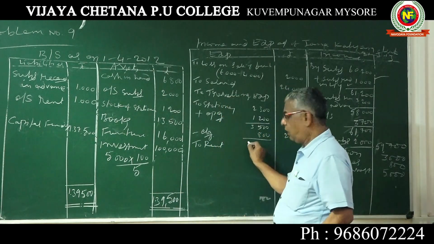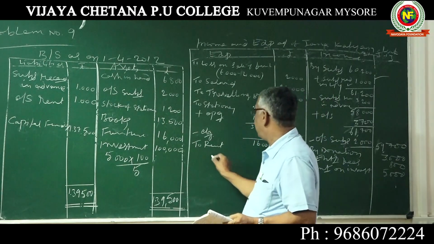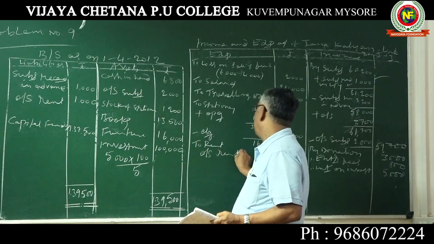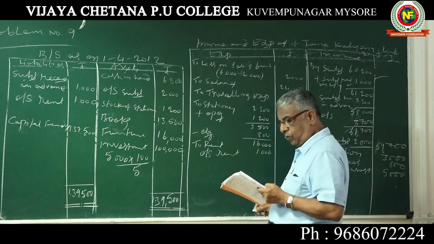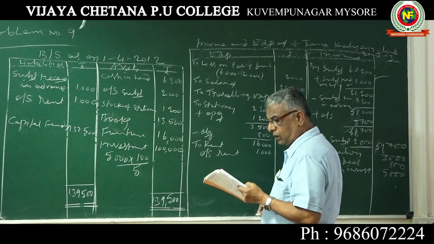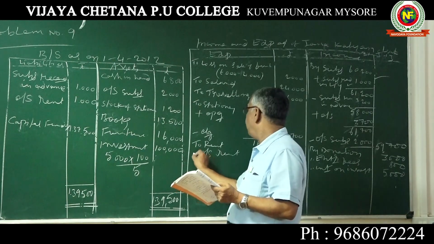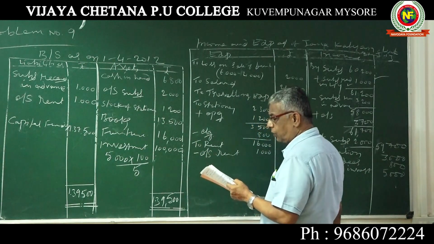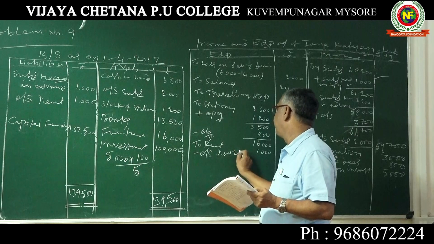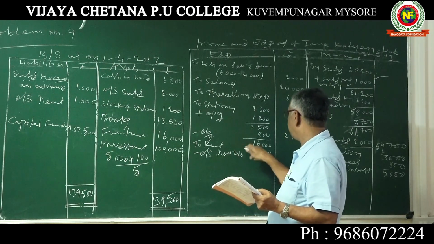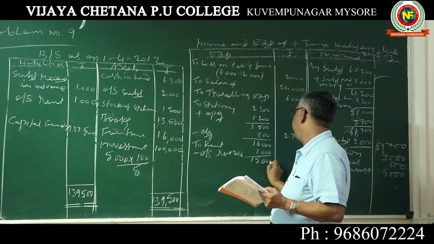And likewise rent, 16,000. One adjustment is there: outstanding rent for the current year, 2,000. Last year's outstanding rent of 1,000, which is included in the 16,000 paid, we have to deduct, giving 15,000.